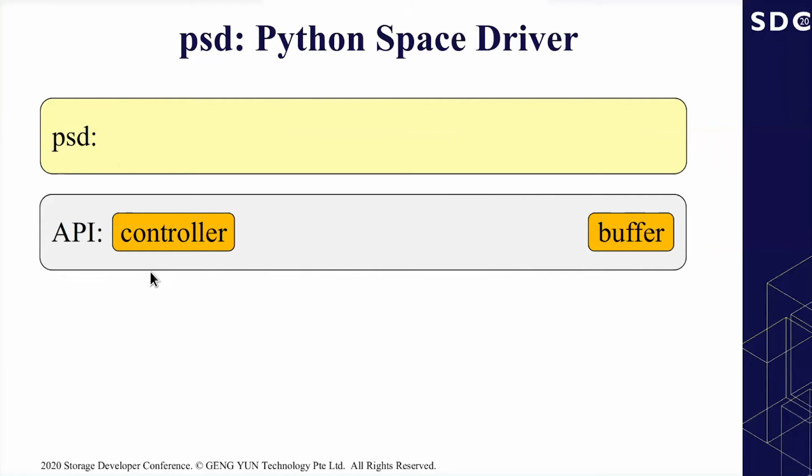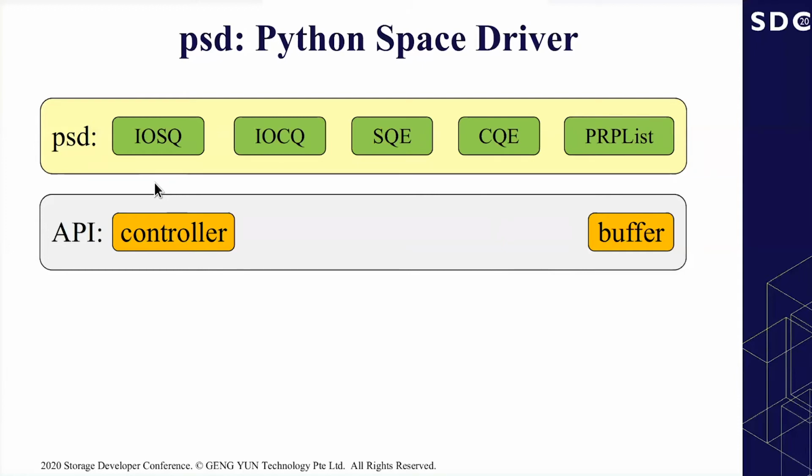PSD also uses NVMe registers in PCIe bar space, which is accessed by class controller. So, PSD helps users to build data structures in Python scripts.